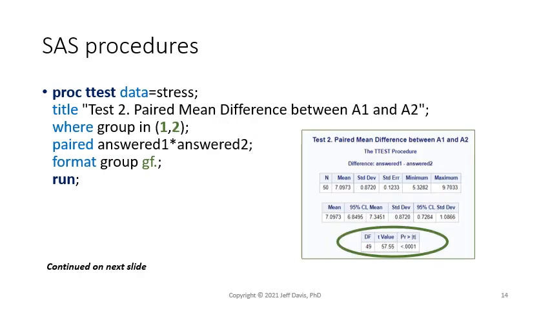For our second test, just to help you out, I included the title: Test 2, paired mean difference between A1 and A2. So here's a paired samples t-test.